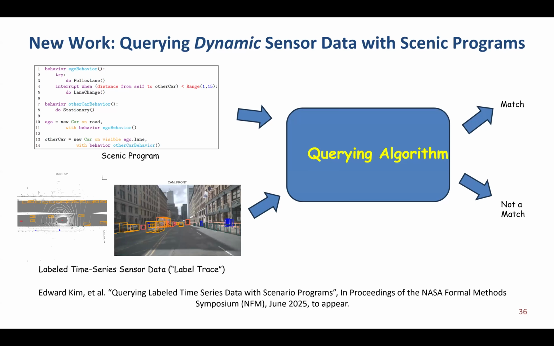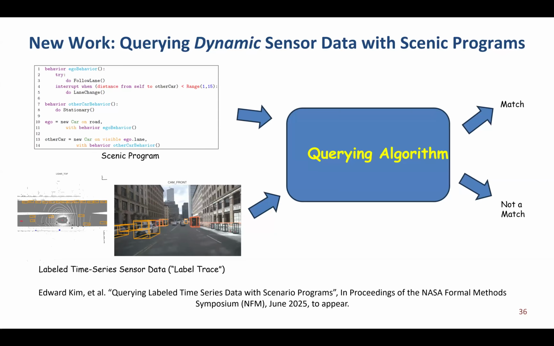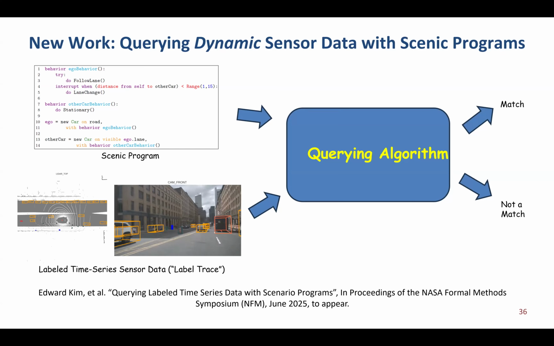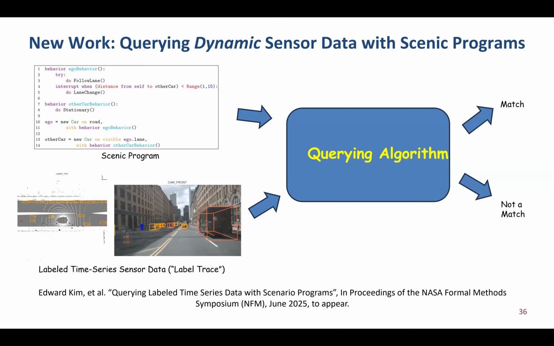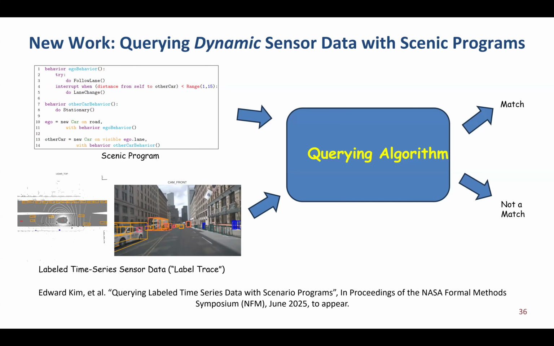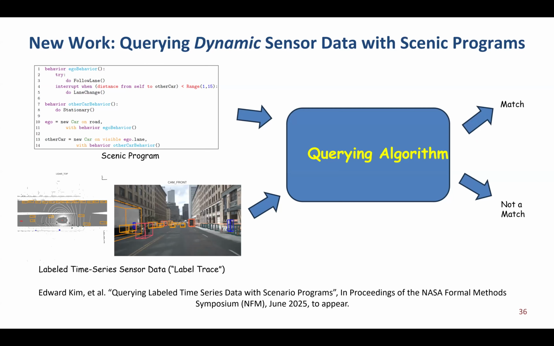So somebody or some AI has labeled this video with all the objects in each frame and bounding boxes for them, and those are the labels. In addition, typically you also may have some telemetry data associated with the position and orientation of the vehicle and its velocity and all of that. So you have all of that data, and that's your trace.